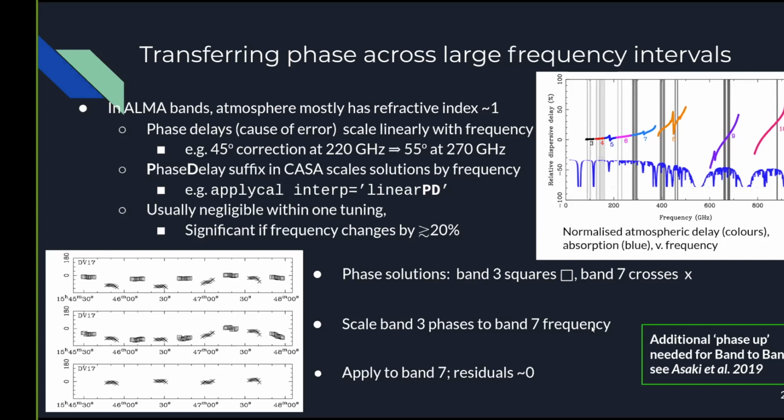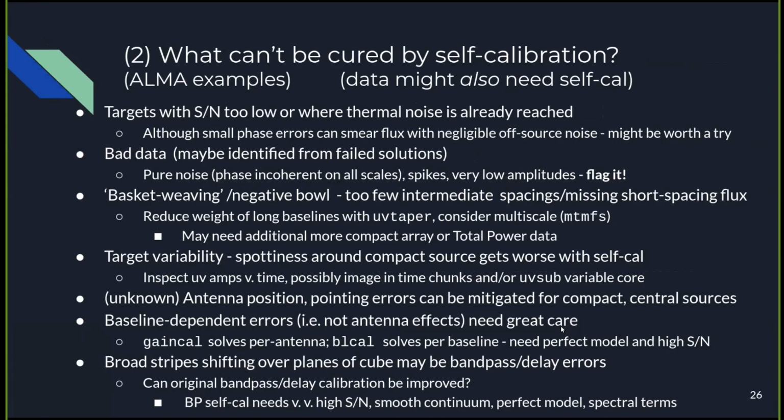So something else which we wanted to touch on was what you can't cure with self-calibration. Although I have to say that some people, including my great mentor, Ed Fomalont, used to use self-calibration kind of like using a hammer to bang in a screw in desperation, because self-calibration will show up where you've got bad data.